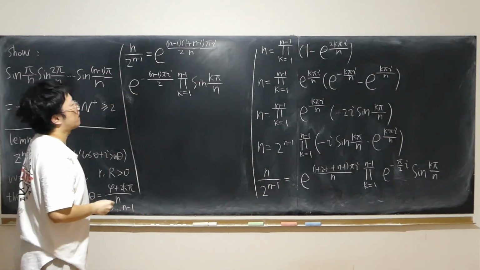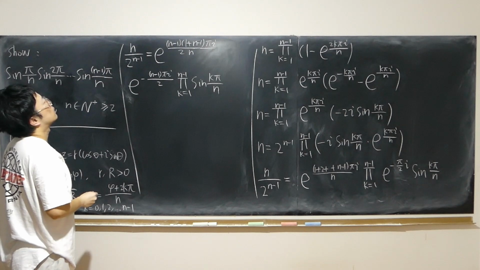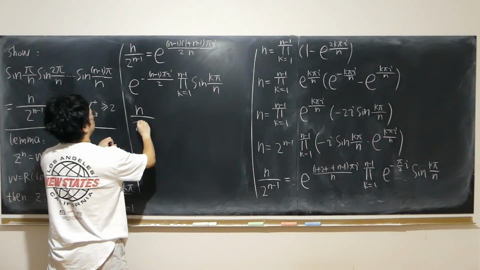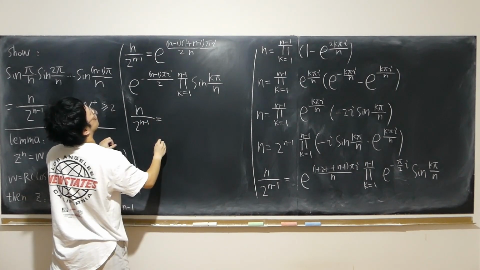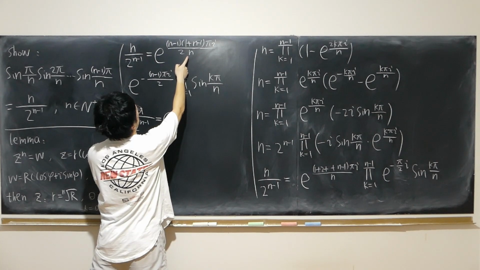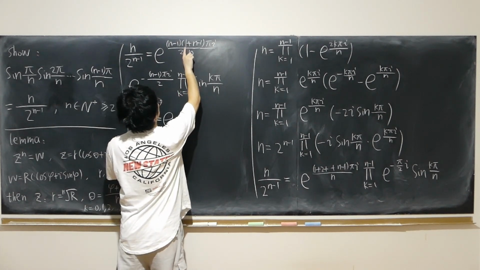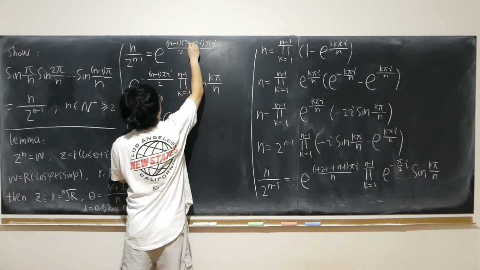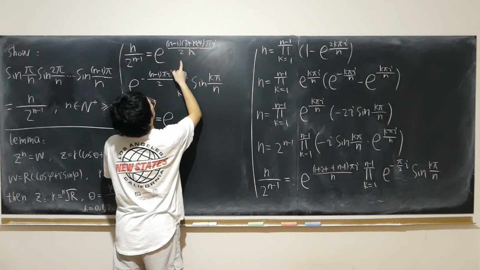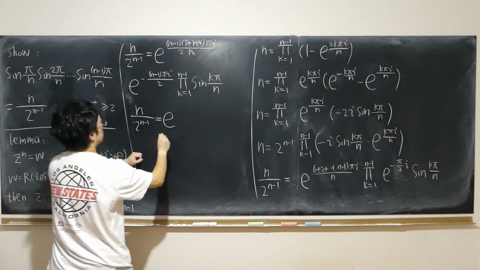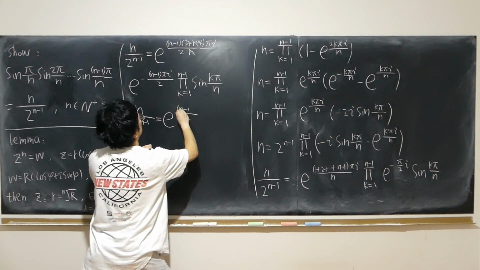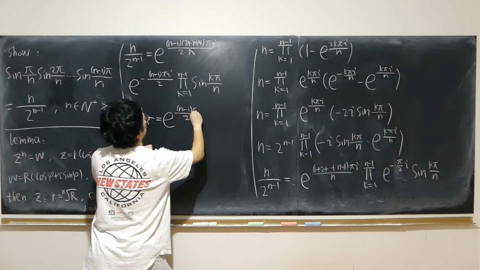Right? So now what do I do? Now I just say this time n over 2 to the n minus 1 should equal e to the, this becomes n, right? n cancels out. And half e to the half of n minus 1 times pi i.